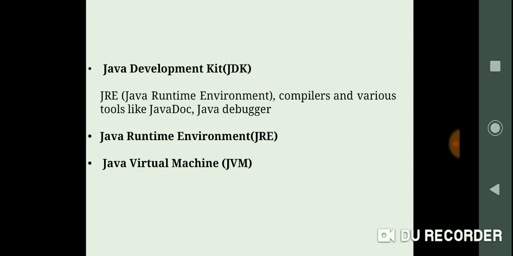JVM executes the bytecode produced by compiler. Each operating system has a different JVM. However, the output they produce after execution of bytecode is the same across all the operating systems.